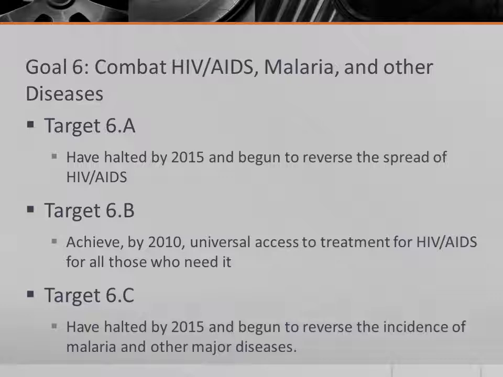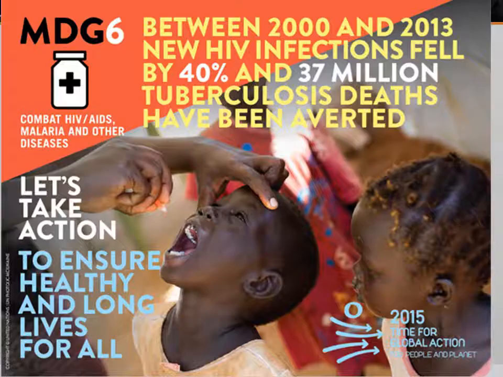So the overwhelming majority of HIV/AIDS cases are coming from a relatively small number of countries. So if we can improve that in those countries, then that's going to lead to a dramatic drop-off, which is part of the Sustainable Development Goals. Between 2000 and 2013, new HIV infections fell by 40%, and 37 million tuberculosis deaths have been averted.